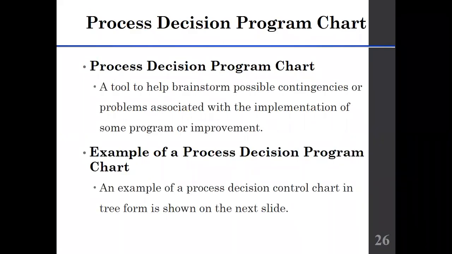Now let's talk about the process decision program chart. A process decision program chart is a tool to help brainstorm possible contingencies or problems associated with the implementation of some program or improvement.